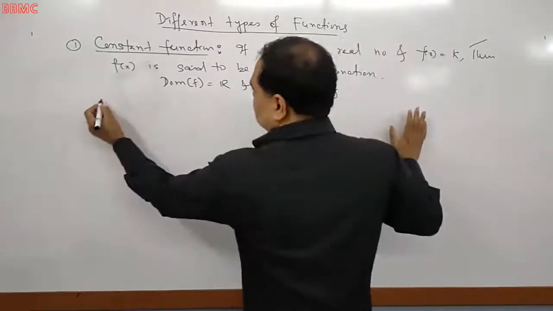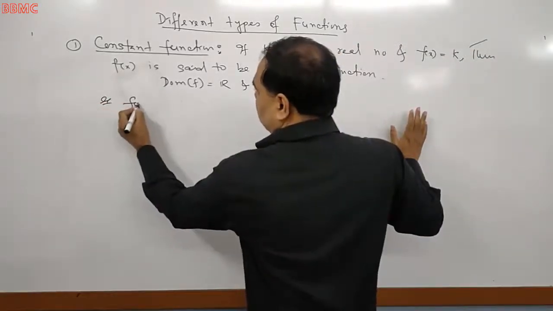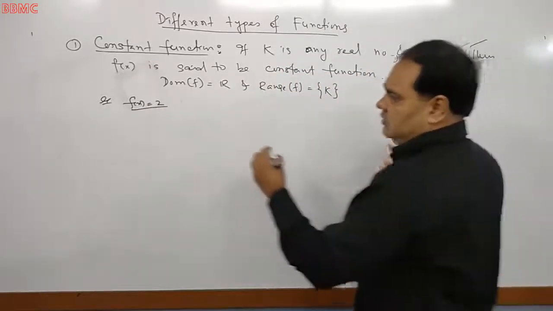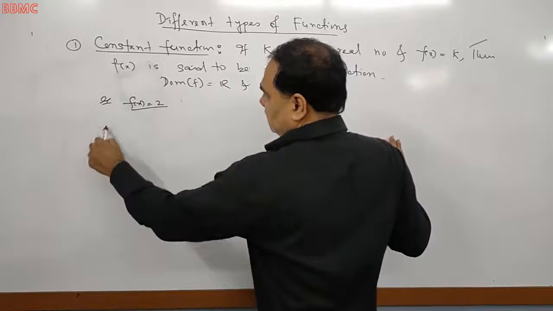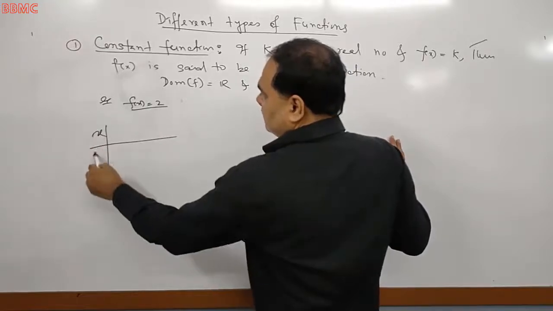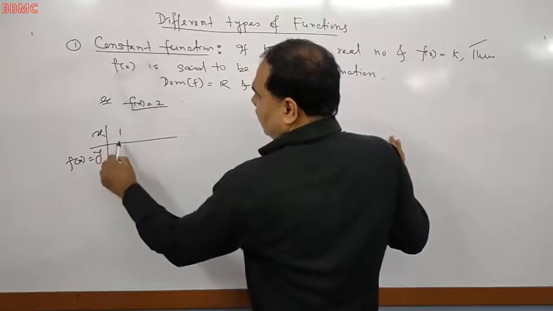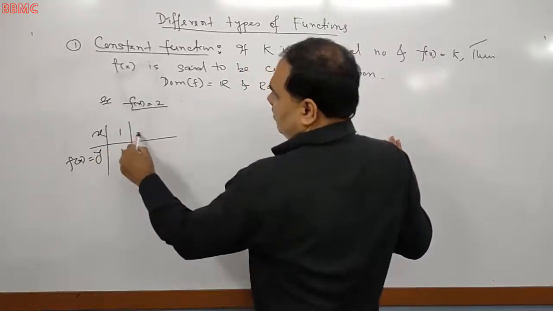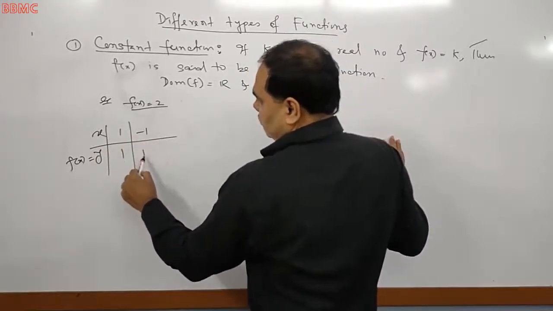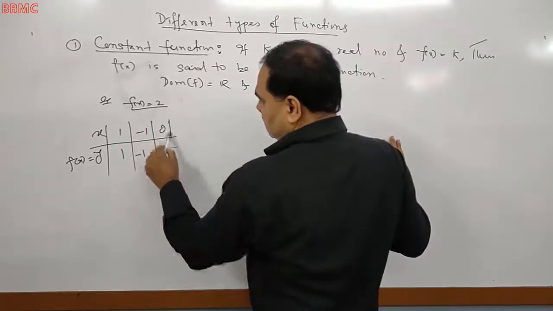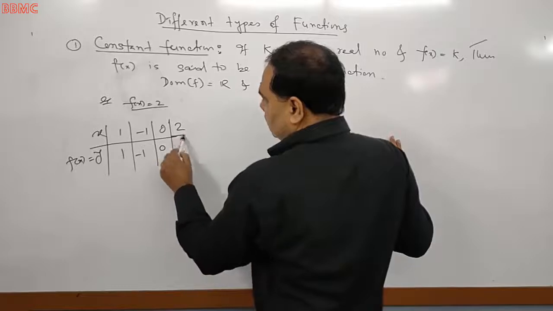So let us consider, for example, f(x) is equal to 2. What will be its graph? x, y, f(x) is equal to y. 1, 1, minus 1, minus 1, 0, 0, 2, 2.